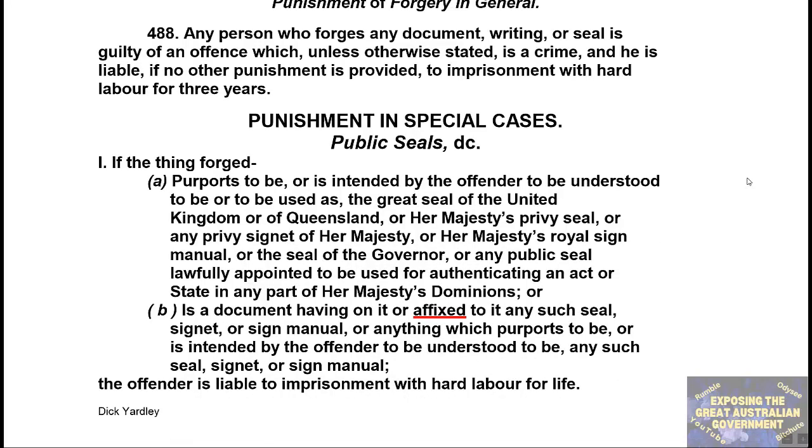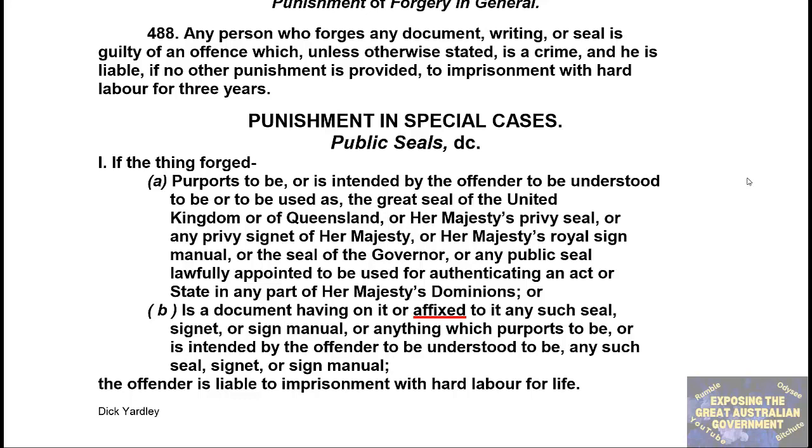Punishment in special cases. Public seals. 1. If the thing forged, A, purports to be or is intended by the offender to be understood to be or to be used as the Great Seal of the United Kingdom or of Queensland, or Her Majesty's Privy Seal, or any privy signet of Her Majesty, or Her Majesty's Royal Sign Manual, or the seal of the Governor, or any public seal lawfully appointed to be used for authenticating an act or state in any part of Her Majesty's dominions.